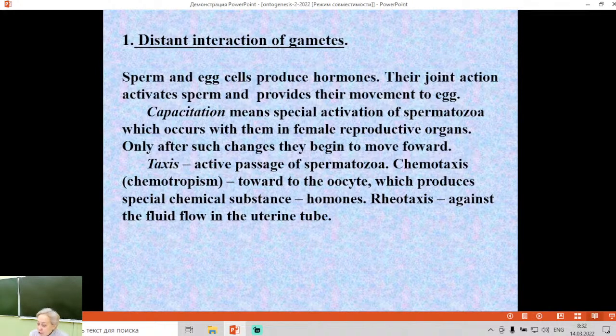Only after such changes do they begin to move forward. Taxis. Taxis is the active passage of spermatozoa. Chemotaxis, chemotropism, toward the oocyte, which produces special chemical substances, hormones. Rheotaxis, against the fluid flow in the uterine tube.